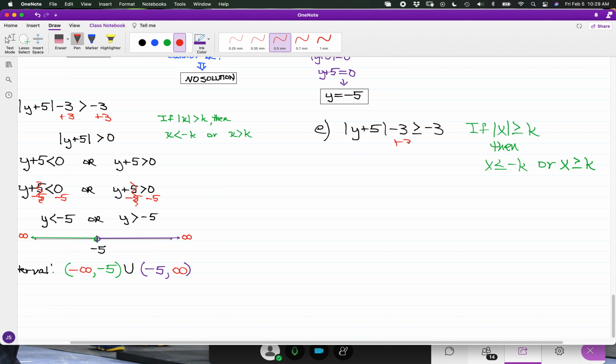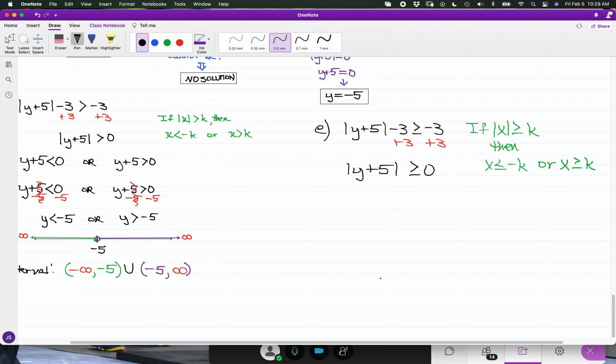So with this inequality statement, I have once again a comparison to 0. I have the absolute value of y plus 5 is going to be greater than or equal to 0.